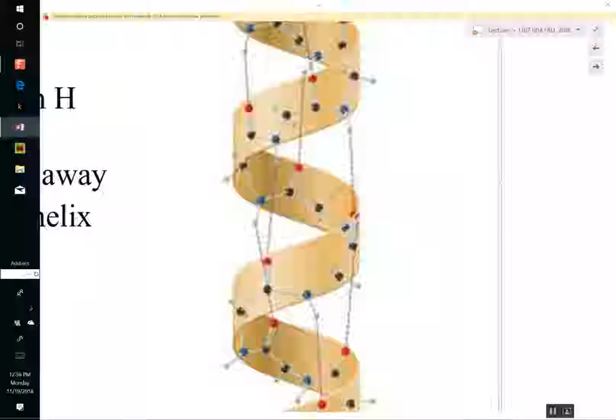So that alpha helix can flex a little bit. It's not rigid, but it is in an orderly shape. That's the alpha helix. Hair protein forms this. Many protein molecules will have portions of it that are in an alpha helix, but not the whole thing.